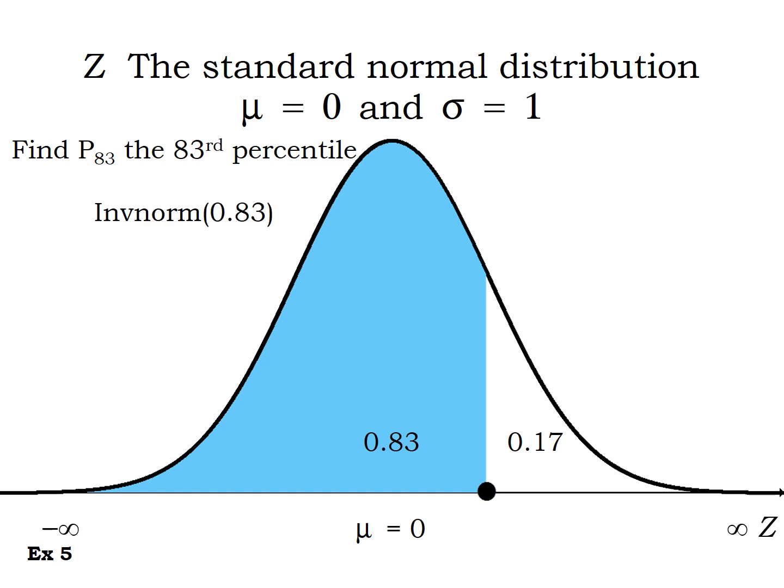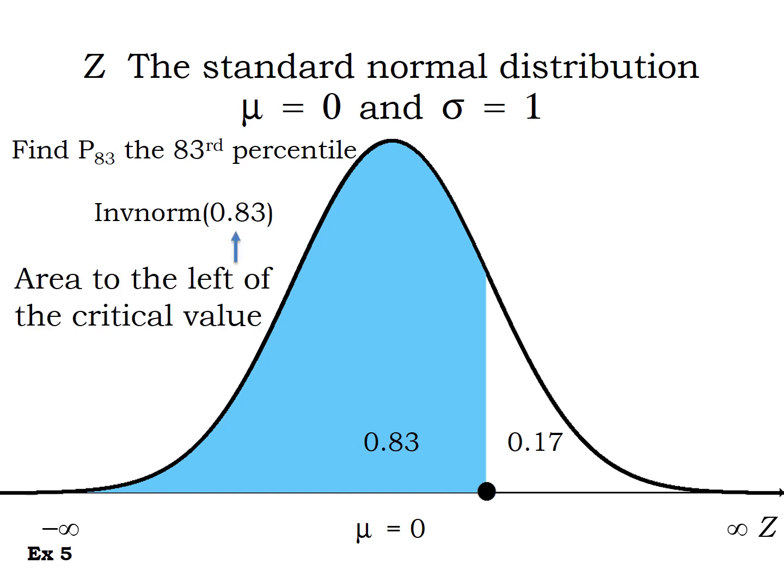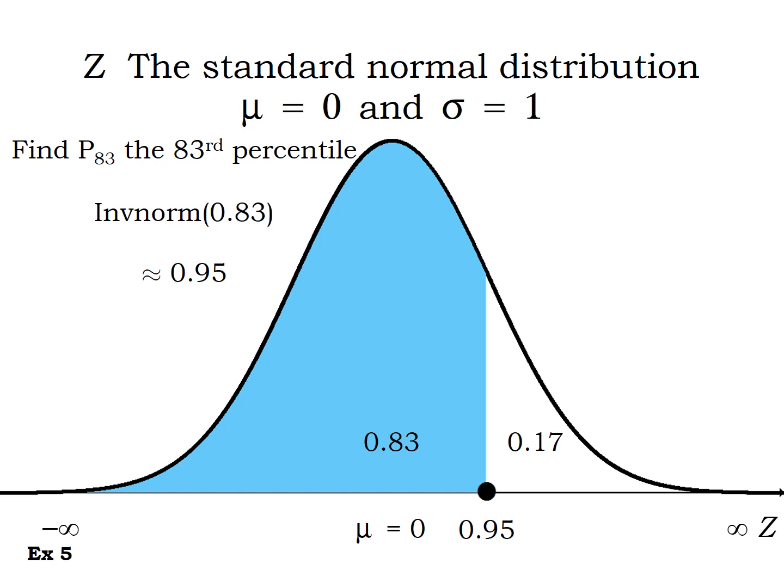We're going to use the function on our calculator known as the inverse norm. We'll find this on the same menu where we found the normal CDF, just a little further down. When we use the inverse norm, we have to tell the calculator the area to the left of the critical value. That's how they programmed it, so that's what we have to do. When we execute this, we're going to get 0.95. So 0.95 is the z-score. It's not a probability.